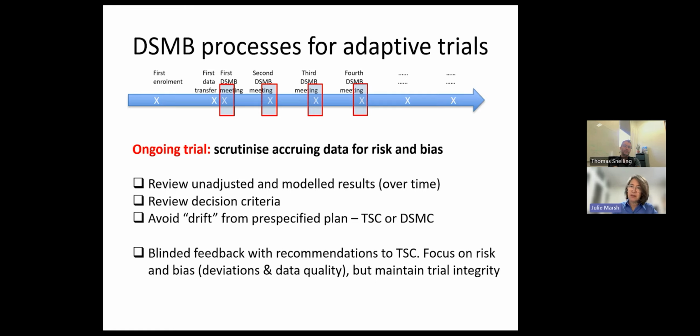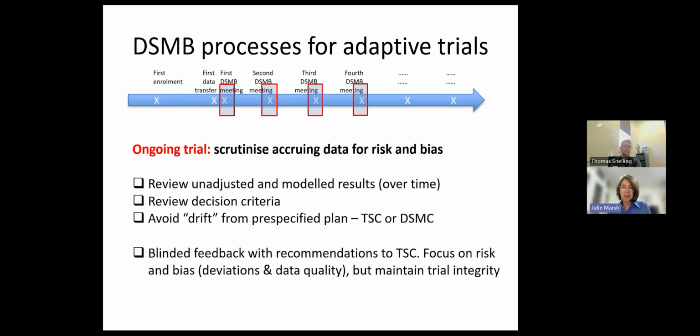So as Tom mentioned previously in his slides, it's something as simple as recruitment rates can weigh in on the trial operating procedures here. And note that decision criteria, once they've been met and the trial adaptation has been implemented, for example, an arm dropped, they don't need to be included in future reports.